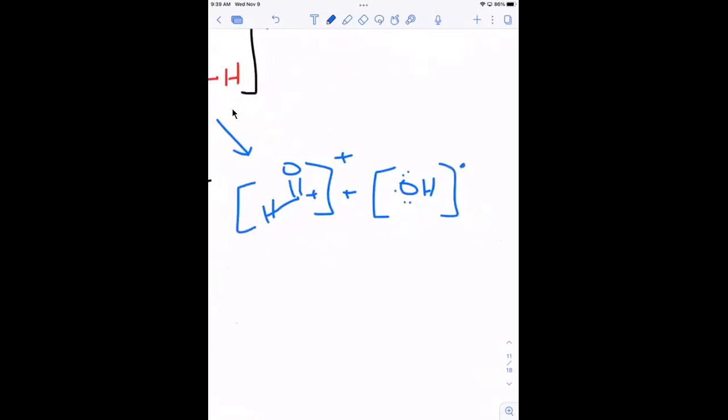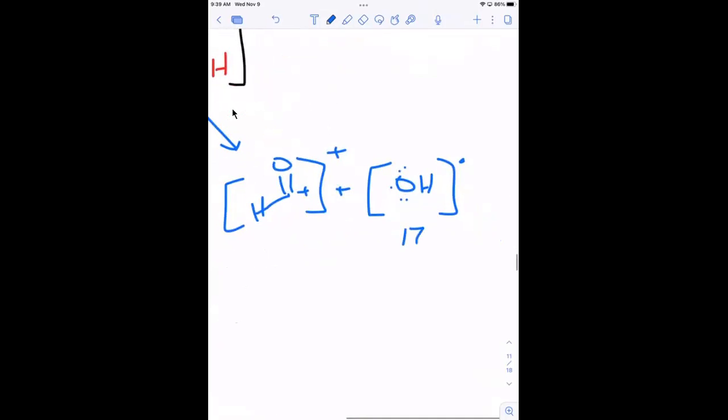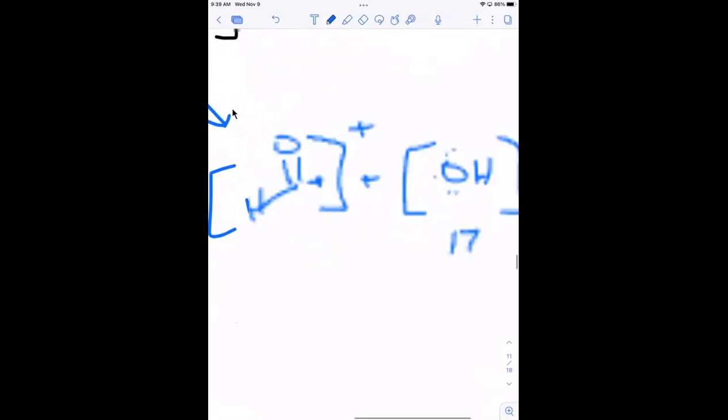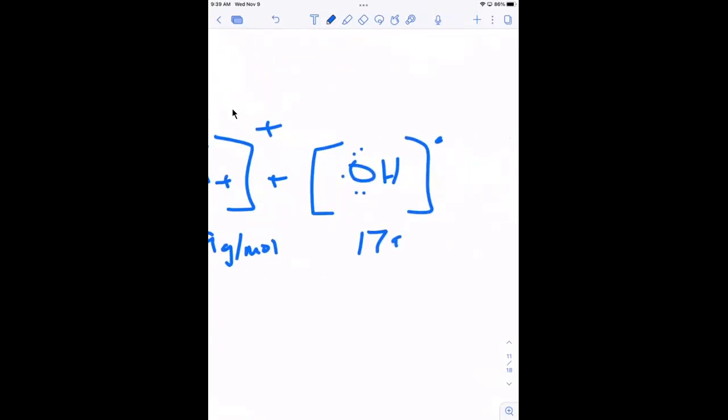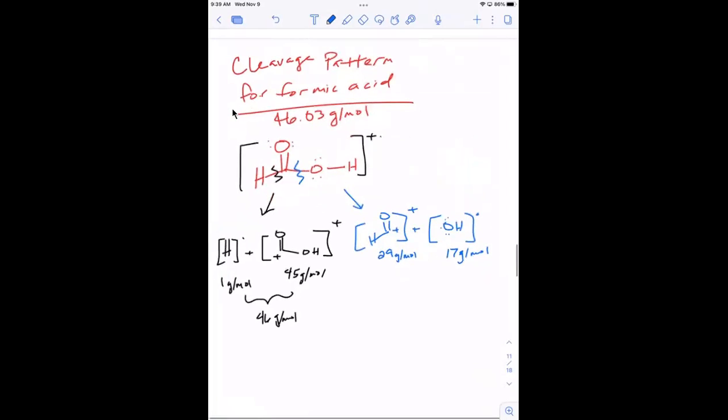This is 17, and this is 29. Those are my fragments. That's everything I can get out of this molecule. If I break off this hydrogen, it's still going to give me 45 and 1, so that's a moot point. Even though it probably does happen, we're not going to show it here because it's not going to help us.